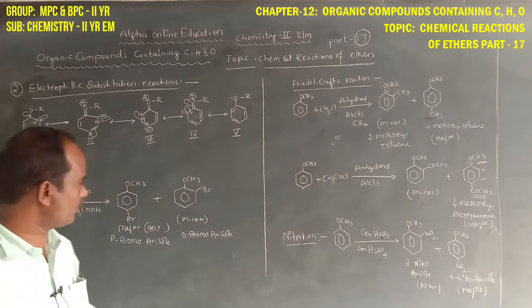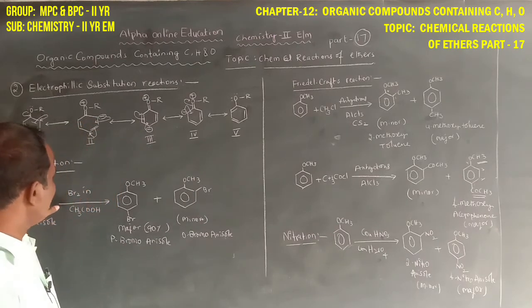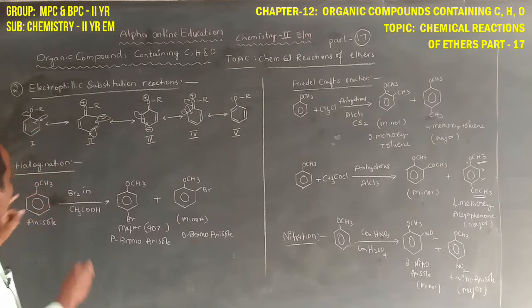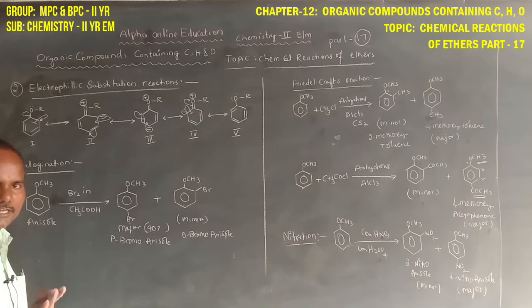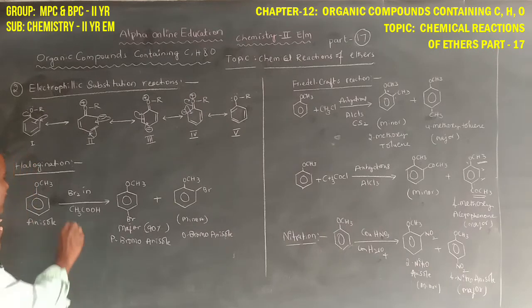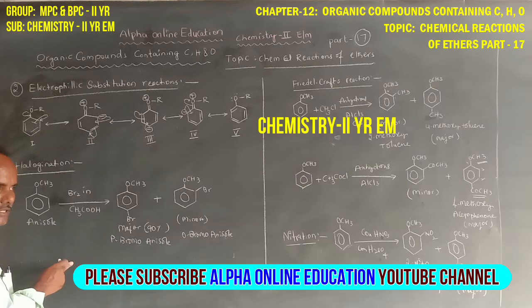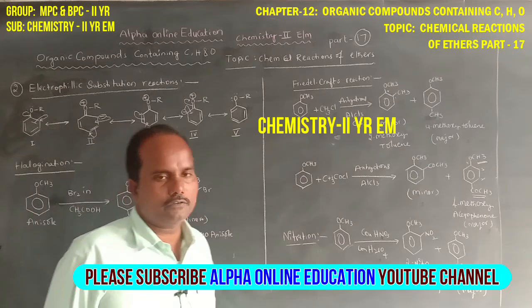The methoxy group acts as a ring activating, ortho-para directing, electron releasing group. Due to this, anisole undergoes electrophilic substitution reactions much faster than the benzene nucleus. So this is enough for chemical reactions of ethers.